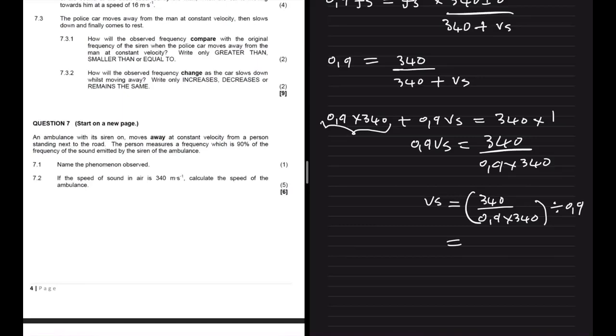Let me go ahead and do that. So we have 340 minus 0.9 multiplied by 340, divided by 0.9. So VS is 1.2345 meters per second.